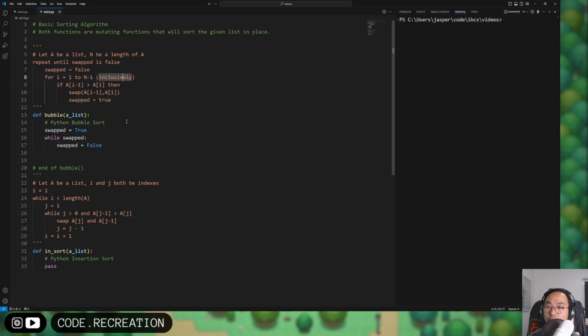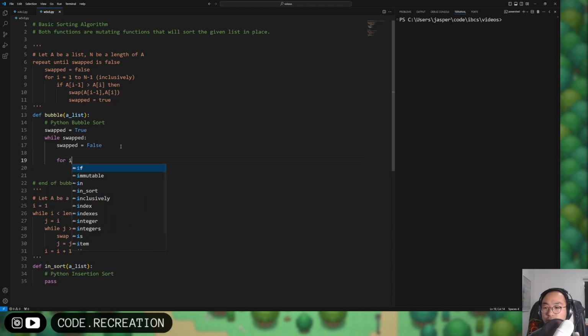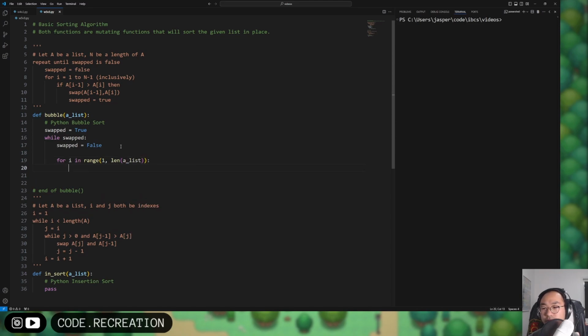It says for i in 1 to n minus 1 inclusively. So that is for i in range, starting from 1 up to the length of our a list, and we're going to go up to that value. Okay. And then we're going to write this if statement here.